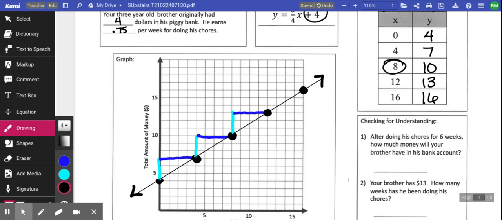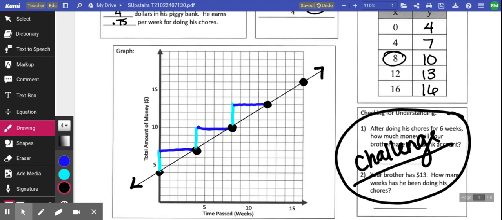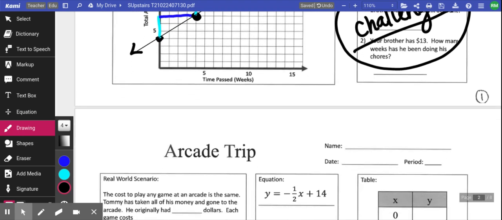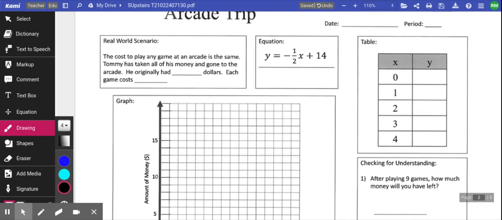And then the check for understanding questions, that's going to be a challenge. So it's optional. If you feel up to the challenge, then do it. If not, that's okay. So what I'm asking you to do is to finish this, or well, you should already have this one complete with me. Then I would like you to try Arcade Trip on your own.